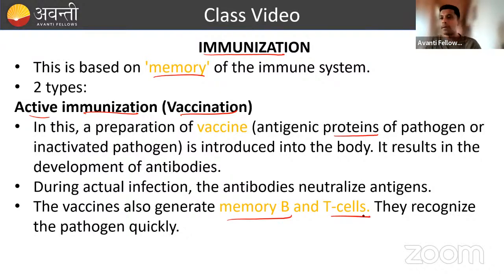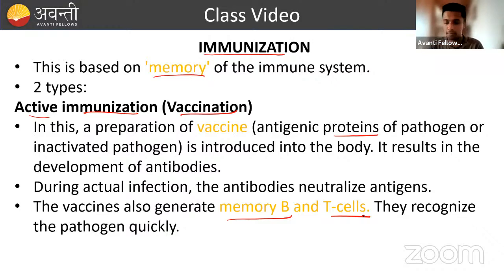These memory B cells and T cells give our body the ability, in later stages, if you are infected by a real antigen which has the capacity to cause an infection, to recognize this pathogen as quickly as possible, neutralize it as early as possible, and protect your body from these deadly diseases.